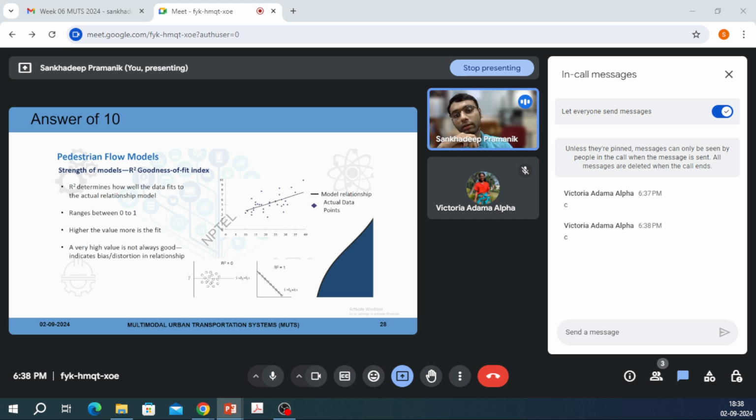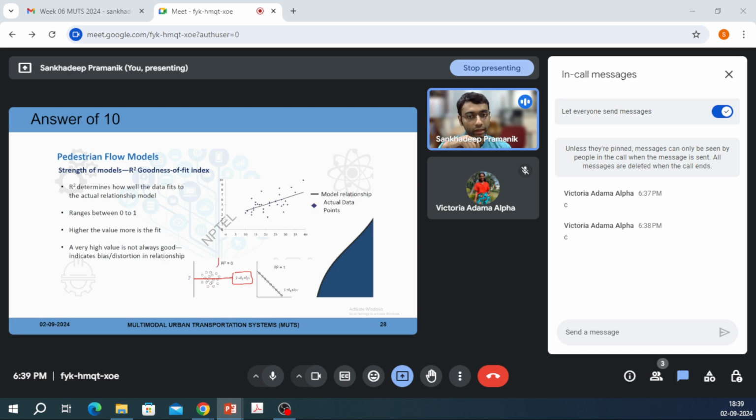R square is the coefficient of determination, which shows how well the data fits the actual relationship. In this case the data is quite random, and the model depicted by this equation or line is not fitting the data properly.